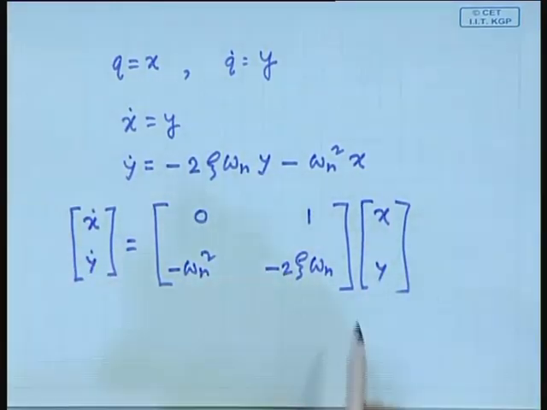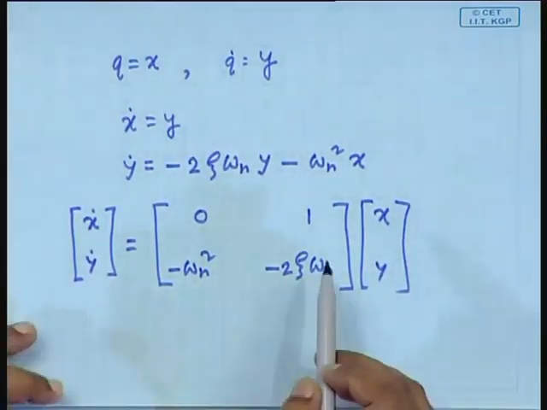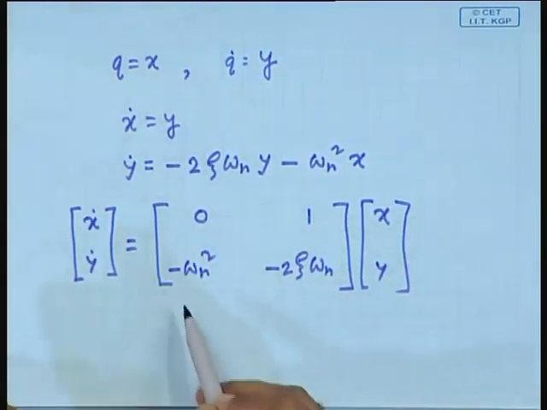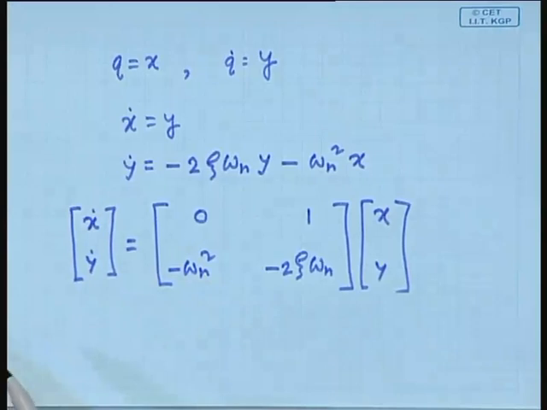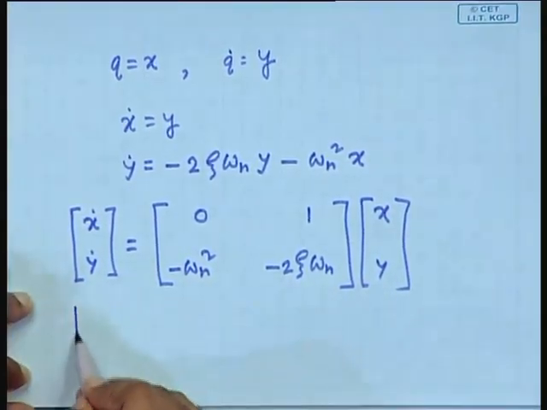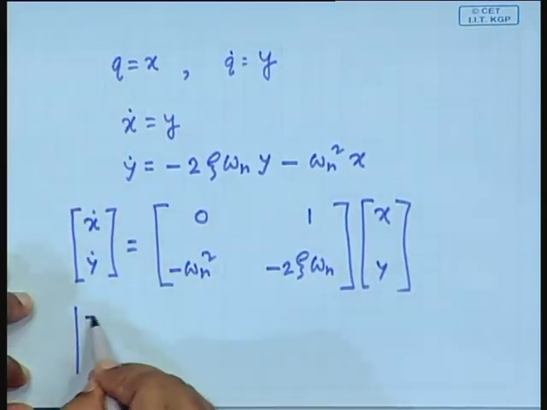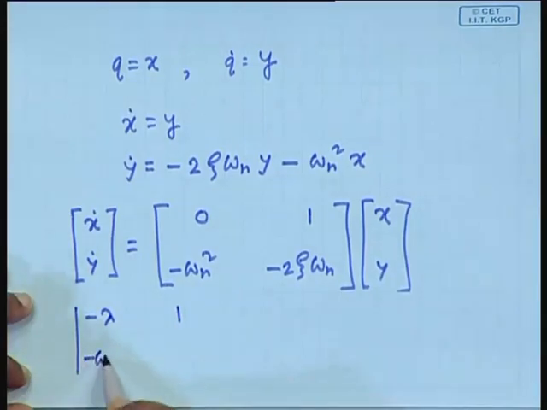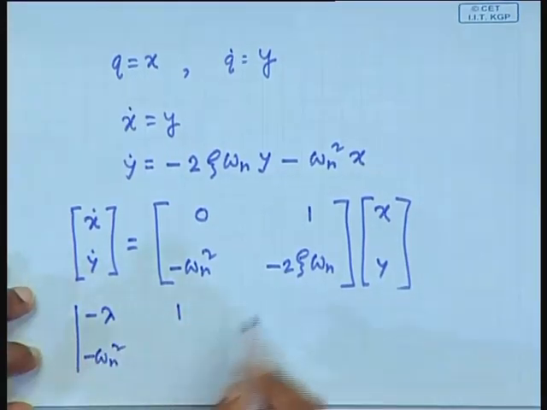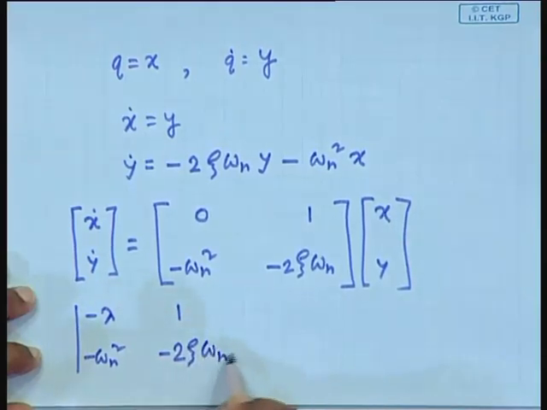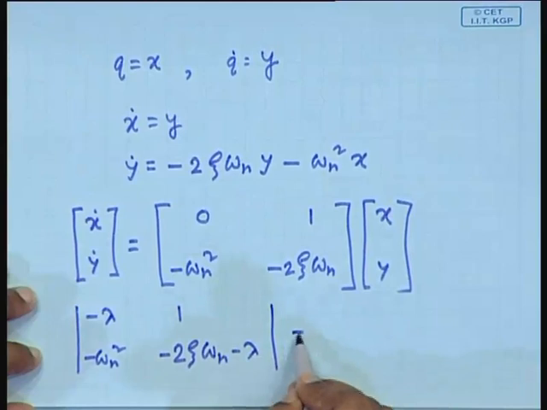So, this is the equivalent first order equation form whose solution we know. How do you solve? You obtain the eigenvalues of this matrix. The eigenvalues of this matrix will be given by, this is minus lambda, 1, minus omega n square, minus twice zeta omega n minus lambda, this equal to 0.